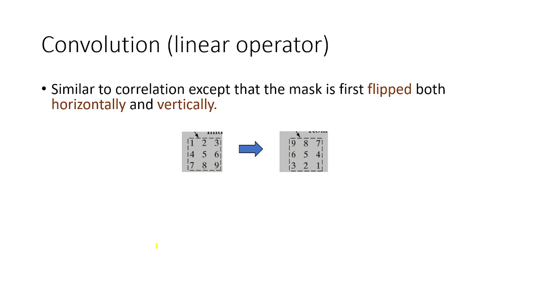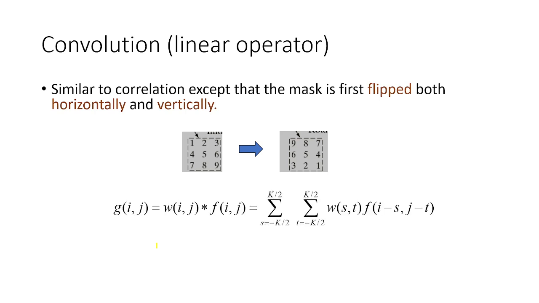Vertical flipping is 90 degrees, then horizontal flipping another 90 degrees. You get the entire mask shifted by 180 degrees. After doing that, it is applied to the matrix. It is again the sum of products.